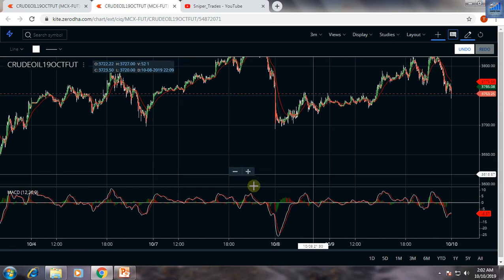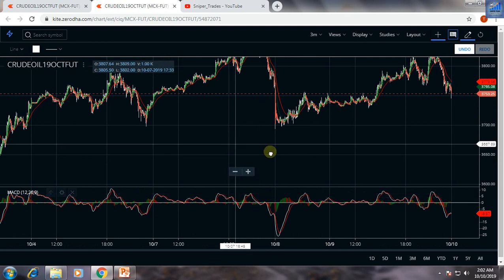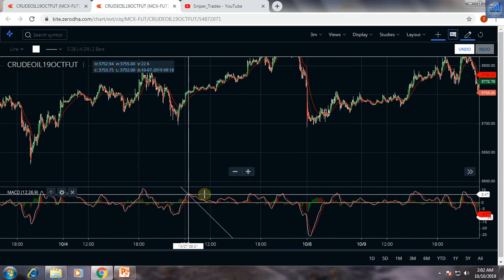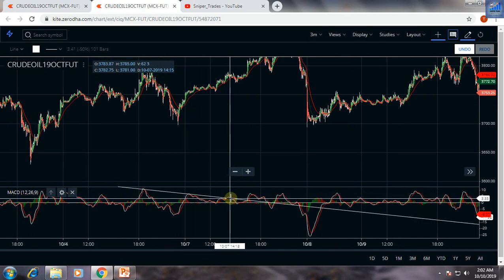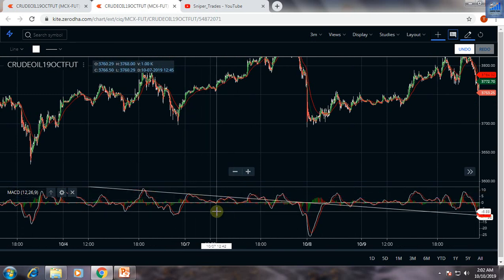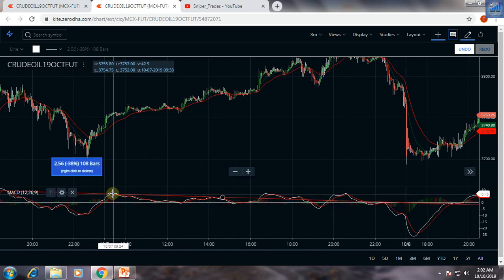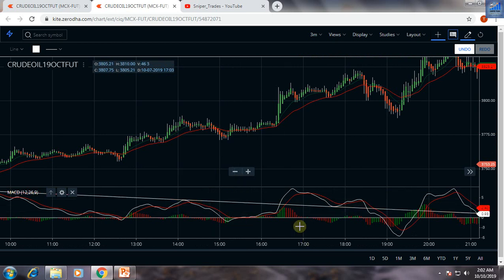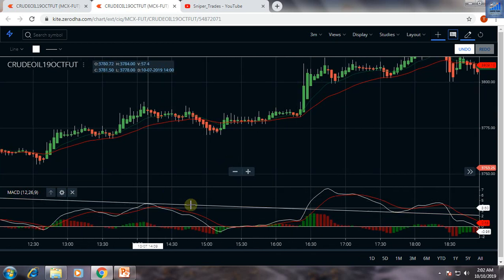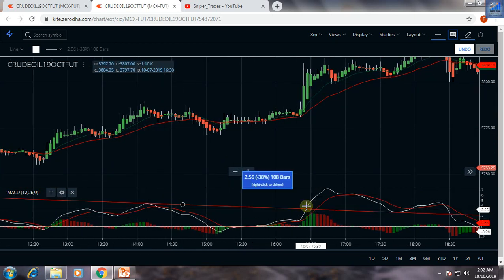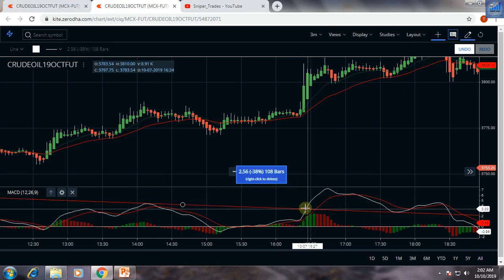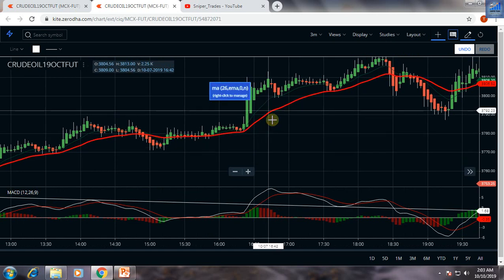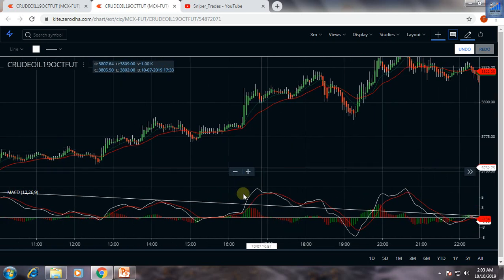And similarly, I'll join one more thing, higher high and lower high. I'll show you how. So as we can see here, I am joining higher high and lower high here, and whenever this trend line resistance is broken here, this MACD line has broken and is coming upward, the price will move upward and we can consider a long position.